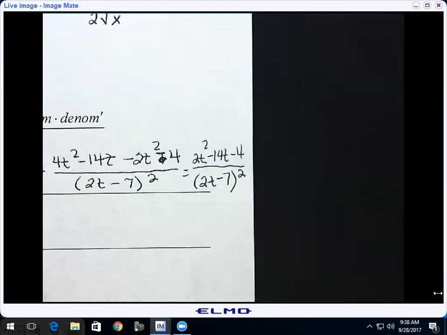What would it take to see what makes that numerator 0? It won't factor. I can factor out a 2, but it wouldn't factor past that. So what would it take? It would take the quadratic formula. Ew. It never goes away. Ew. All right, but that's not our goal today.